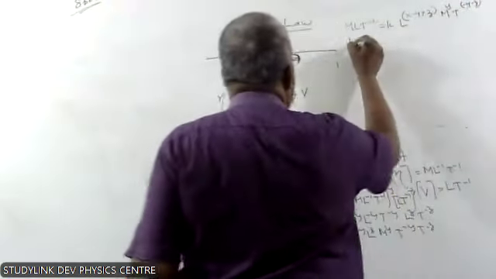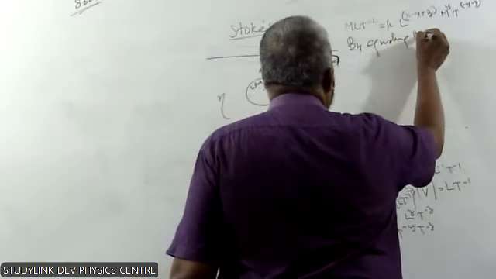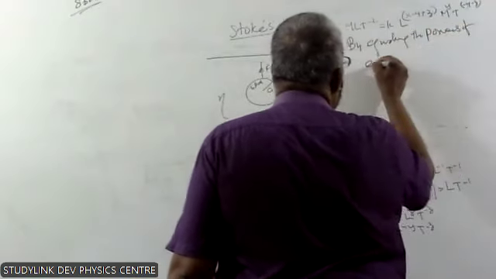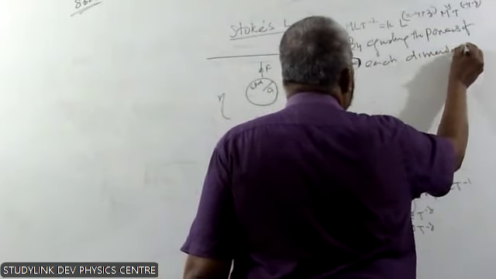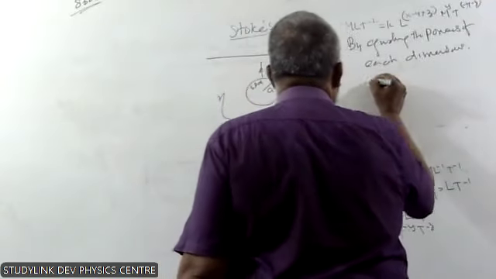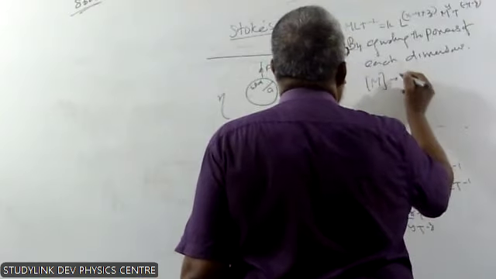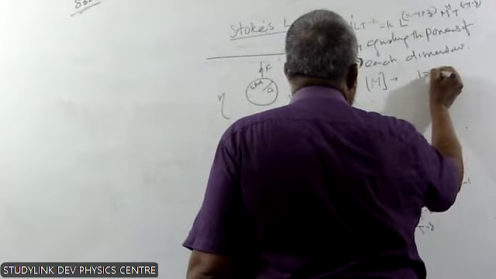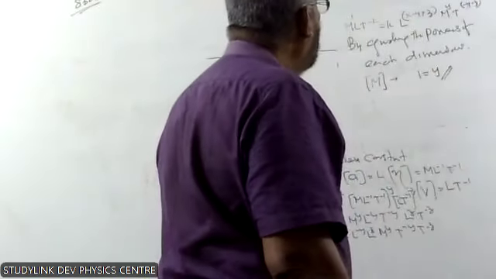By equating the powers of each dimension, first we'll consider M. Then directly from this we can write the power: 1 equals y. Then we got a value for y.